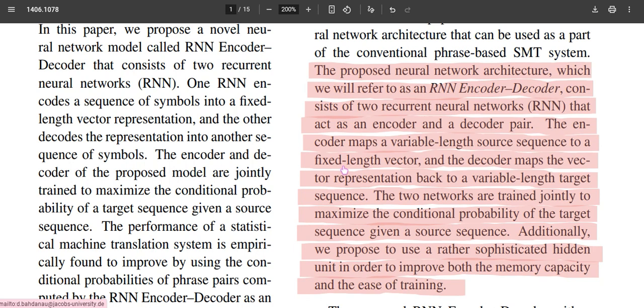It's basically an RNN to predict the target sequence. These two networks, the encoder and decoder based on RNN, are trained jointly to maximize the log likelihood estimate of the target sequence given a source sequence.